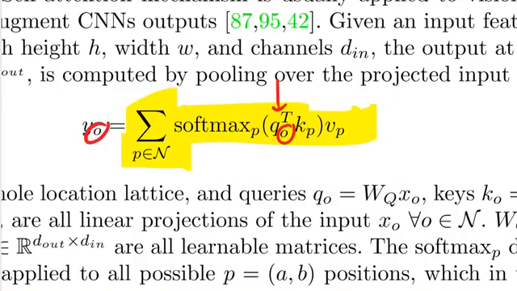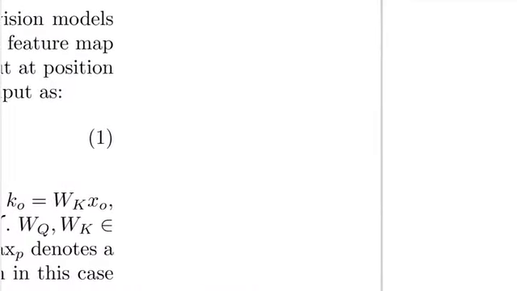You want to go over all of the input positions and aggregate data from all of them. So that's right here. And how do you aggregate data? By this softmax operator right here. You can see the key also has a p right here, and the softmax is over the axis of p. So in the particular case of images, what does that mean?